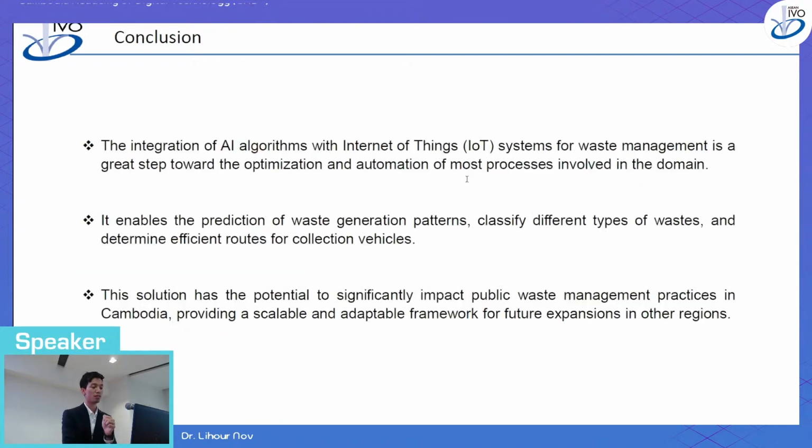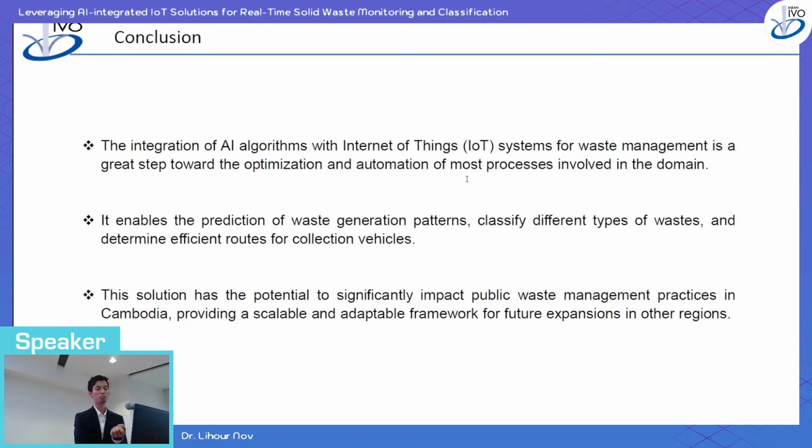So in conclusion, the integration of AI algorithms with IoT would provide an efficient way of waste management and monitoring, with more reliability and better efficiency. It also enables the prediction of waste segregation, so waste type classification, and this will be helpful for the management of recycling and non-recycling waste.